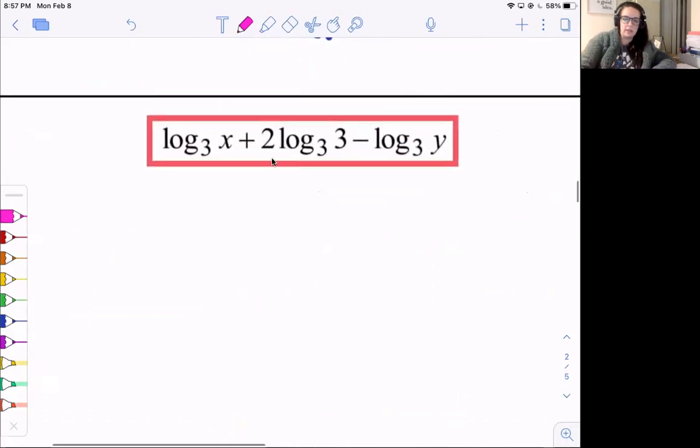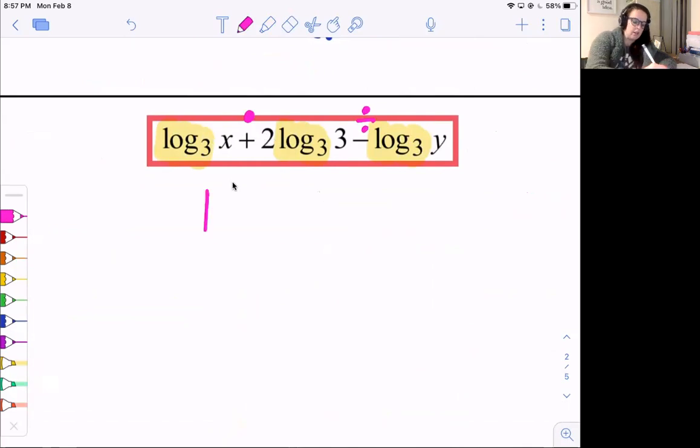All right. Take a moment to write this one down. I see that we have log base 3. I see addition, which means this one is multiplied. Subtraction means this one is divided.